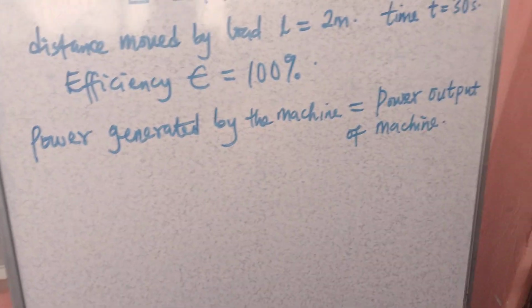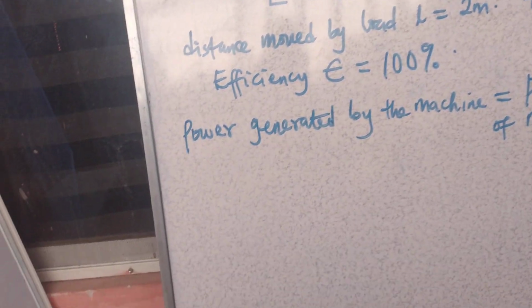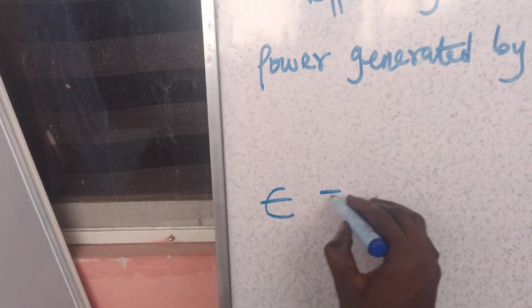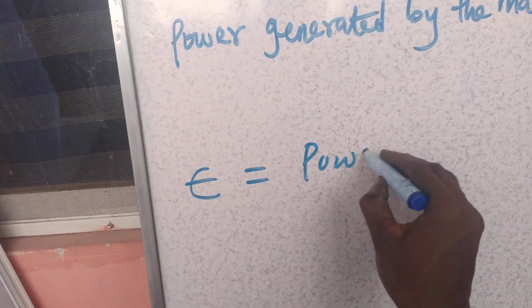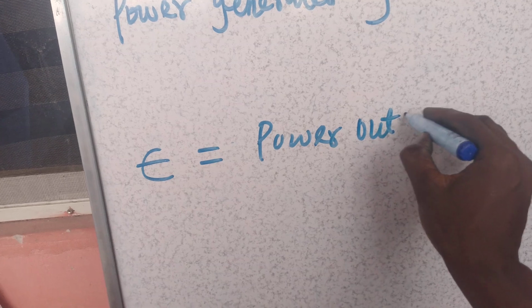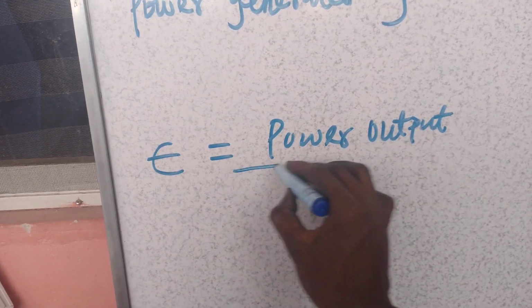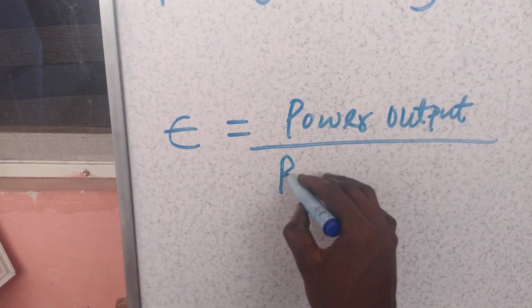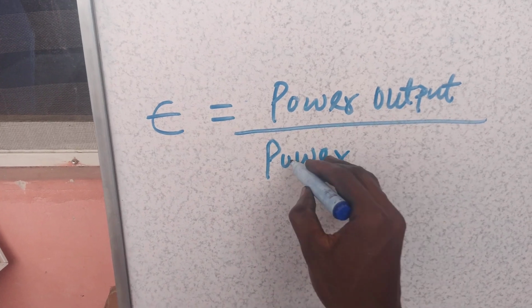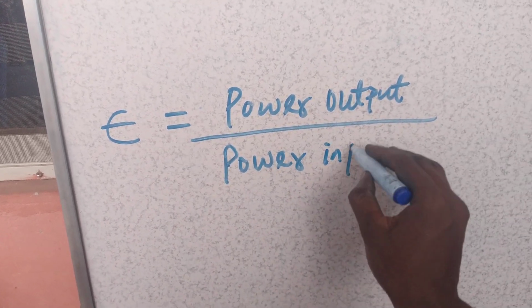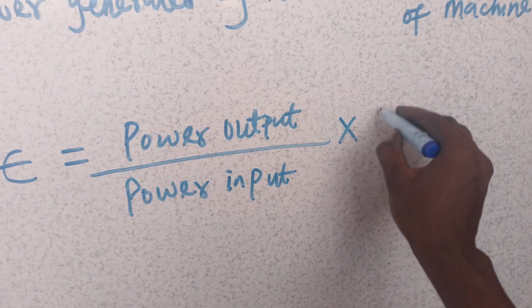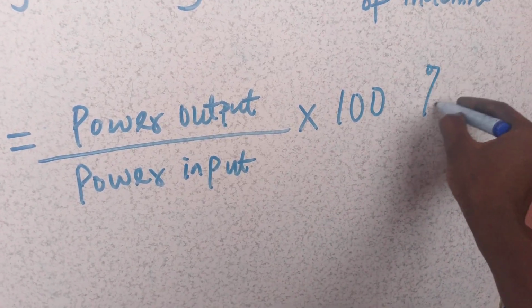Okay, so we'll write out the formula for efficiency. Efficiency is equal to power output over power input times 100, measured in percentage.